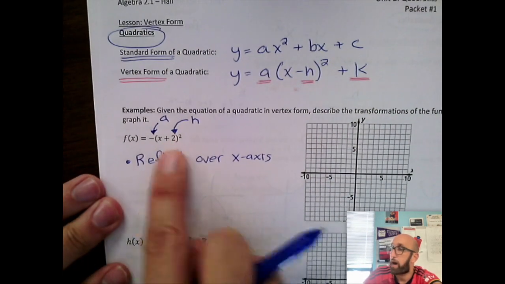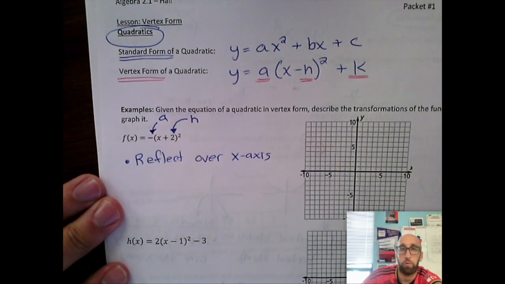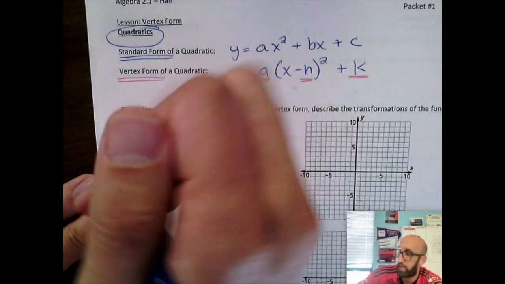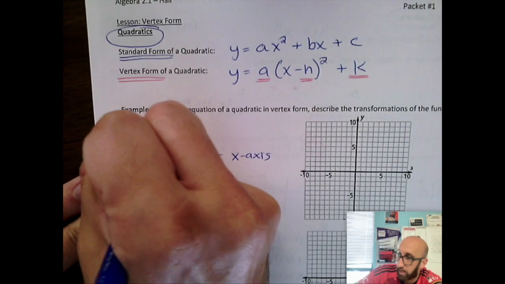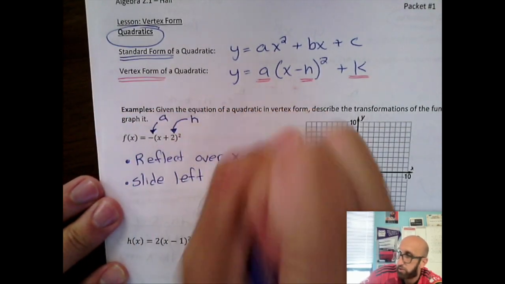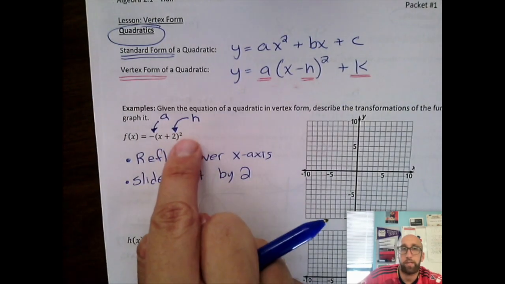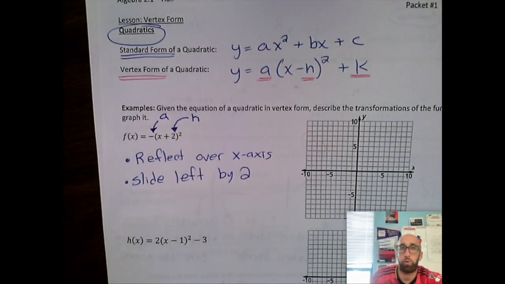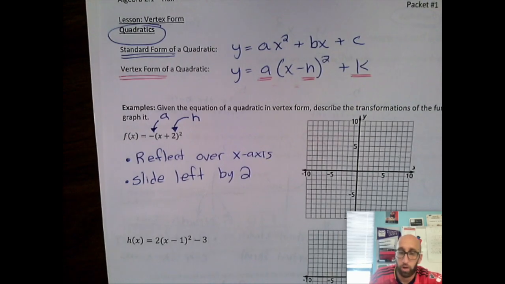So if I see a positive 2, we're actually going to work opposite of that and go towards negative 2. So we are going to slide left by 2. The only other piece there is that tiny exponent of 2, but that's just what makes this a quadratic.